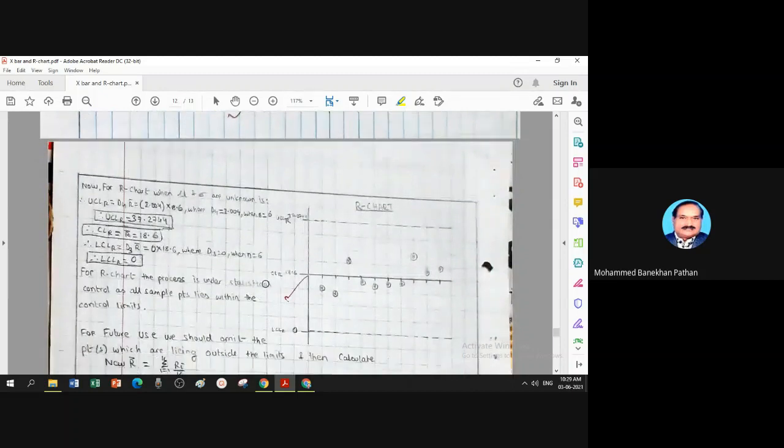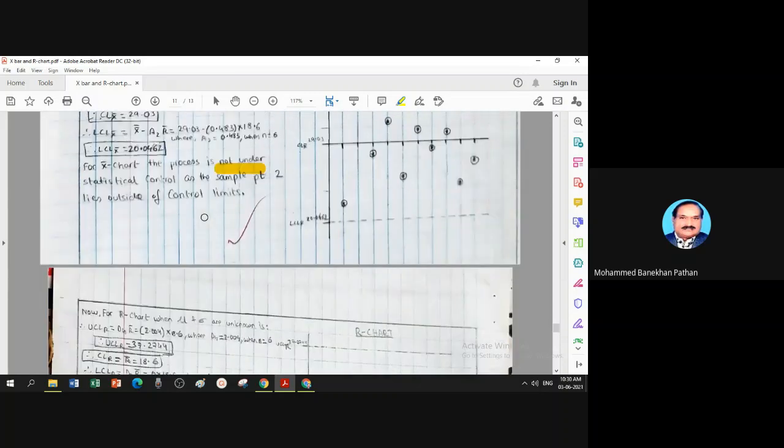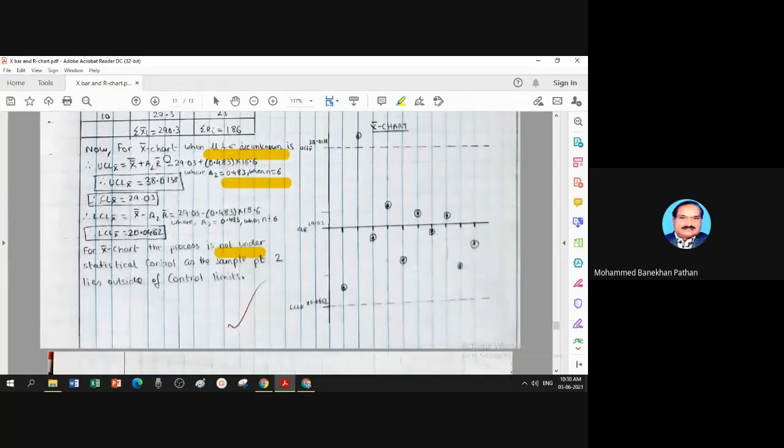Now for the R chart, when mu and sigma are unknown, firstly you have to do this and try to get the process under control. So this is your upper control limit, central limit and lower control limit. If the lower control limit comes out negative, take it as 0. Fortunately, the R chart is coming under control. So this R bar is used directly to get the control limits for the X bar chart.